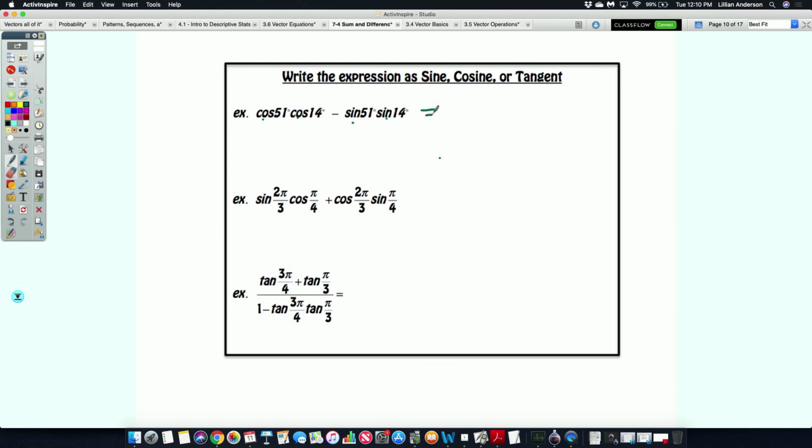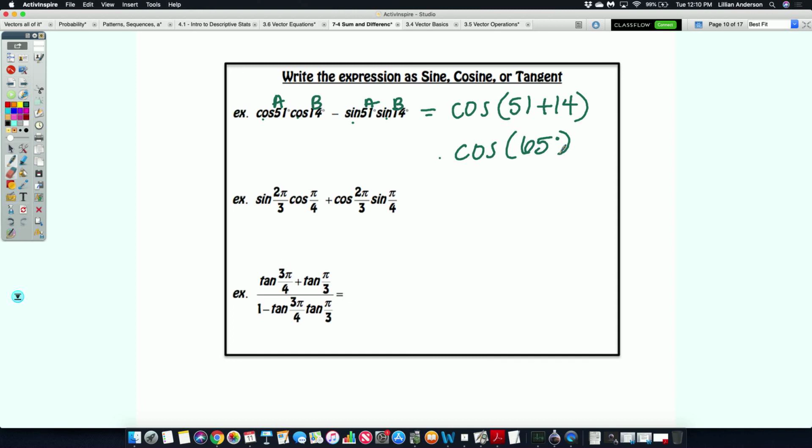So this is going to equal the cosine of 51 plus 14, because this is our A and this is our B in the identity. And what's 51 plus 14? 65. So this becomes the cosine of 65 degrees. And that is how we write an expression for that one up there.